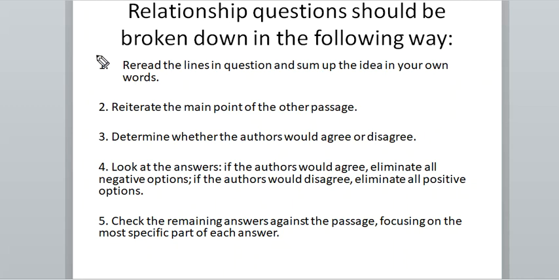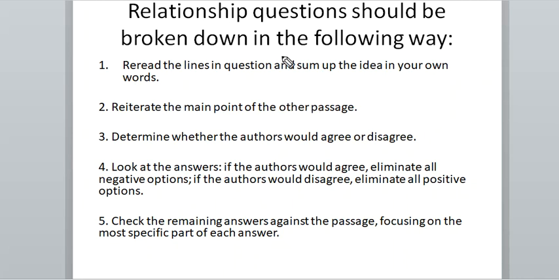Then, after rereading the specific line you are assigned to read, the line in question, reiterate the main point of the other passage. Okay? Now this has to do with also looking at the main point of the other passage.